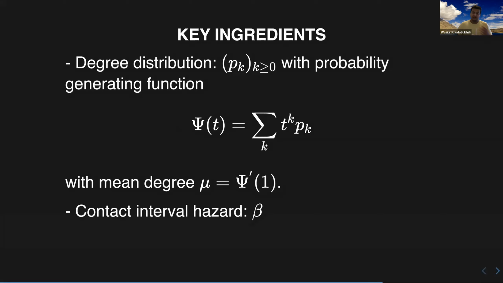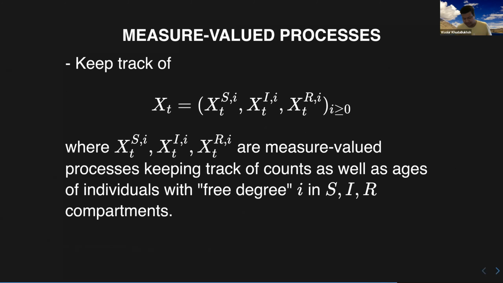Then we need a hazard function for the contact interval distribution. The contact interval distribution is the time from the onset of the disease to the time when you first make an infectious contact with somebody else. That's beta. And then you need a hazard function for the infectious period, how long you remain infectious, and that's gamma. With these, we are ready to describe our stochastic process.